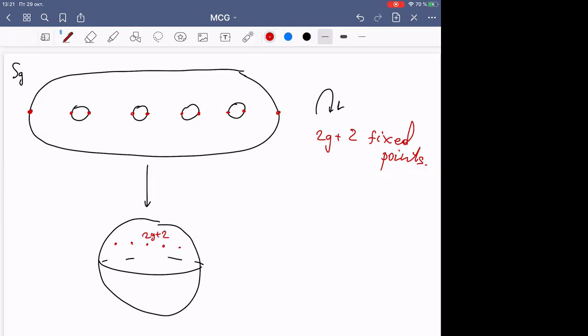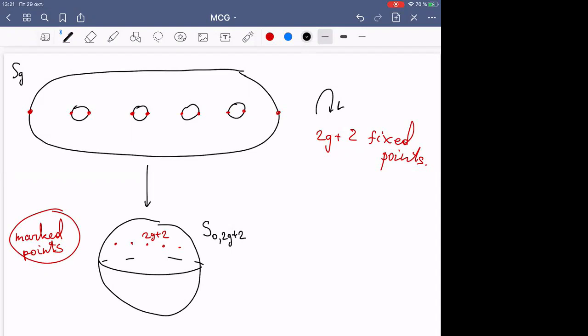It is better to say marked points since, if we have punctures, then these fixed points upstairs are mapped to marked points. So it is better to think of them as marked points. Okay. So downstairs we have a surface of genus 0 with 2g plus 2 punctures.